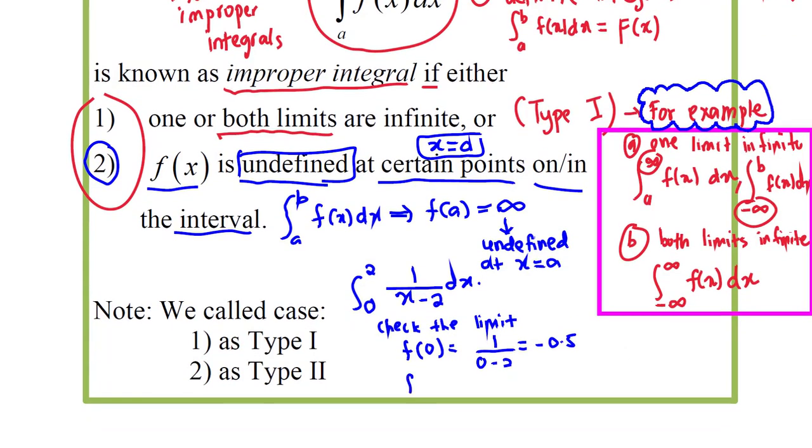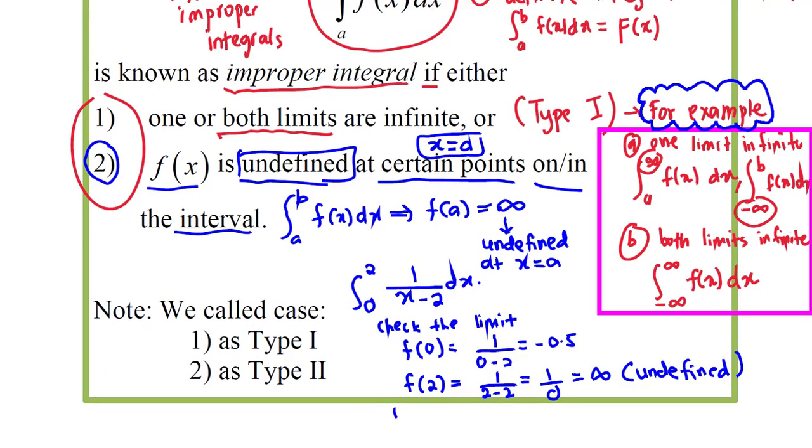And then how about f(2)? You get 1 over 2 minus 2, which is 1 over 0, so you get infinity. So this one is undefined. We call this improper integral type 2.